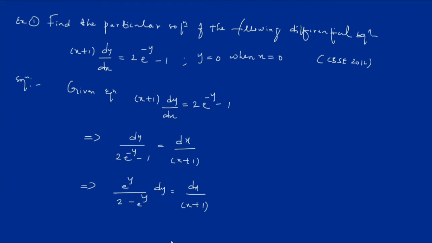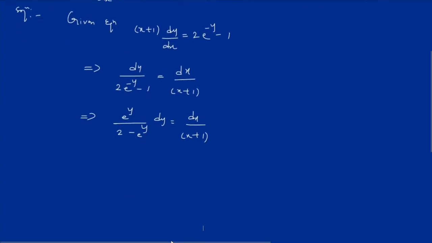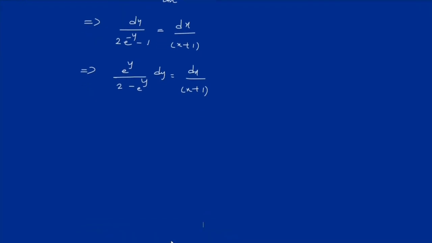Now integrating, we get the integration of e to the power of y upon 2 minus e to the power of y dy, which equals the integration of 1 upon x plus 1 dx.